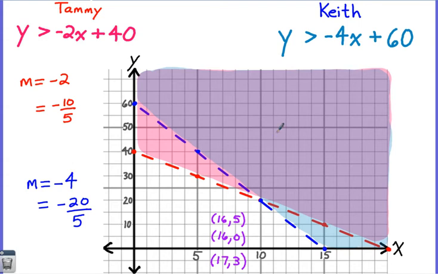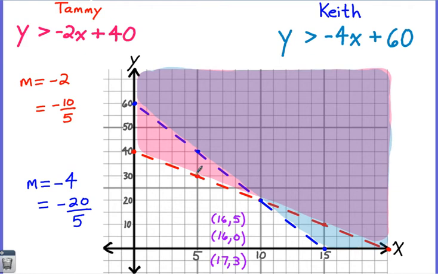And I want to also remind you, if I didn't in the original video, I probably did, that since these lines are dashed because of the strictly greater than, same thing in Keith, it's not like we had a greater than or equal to symbol. So our lines are just dashed, and here's what I'm saying.